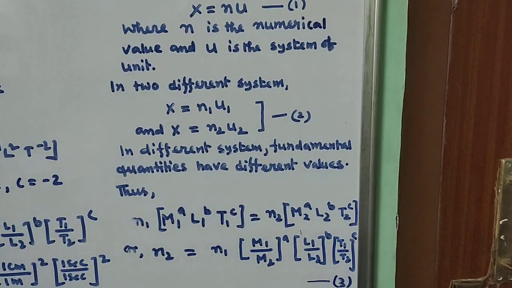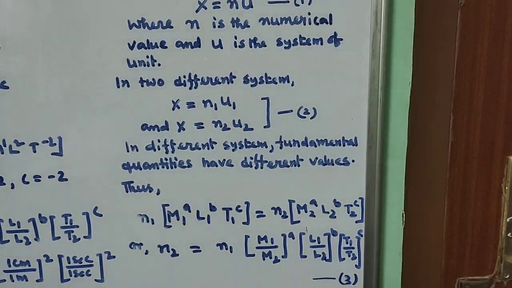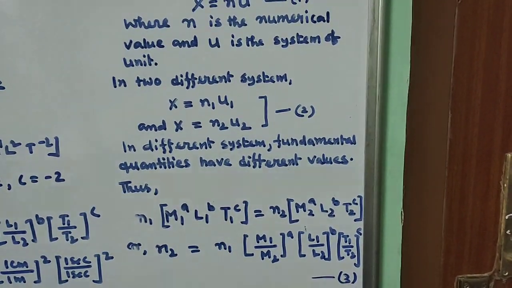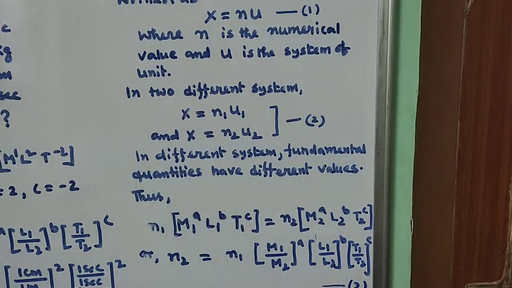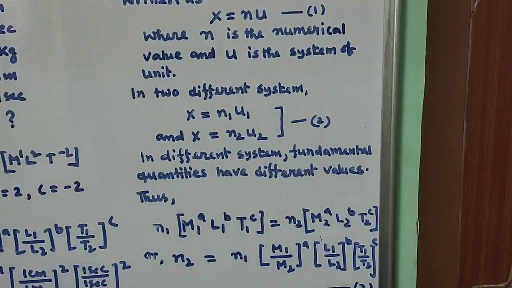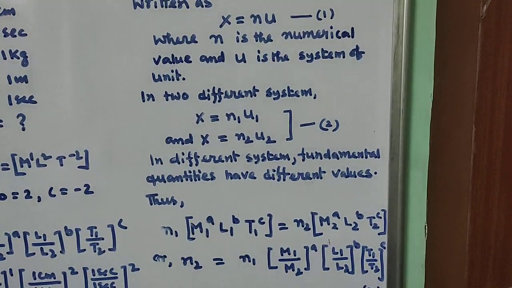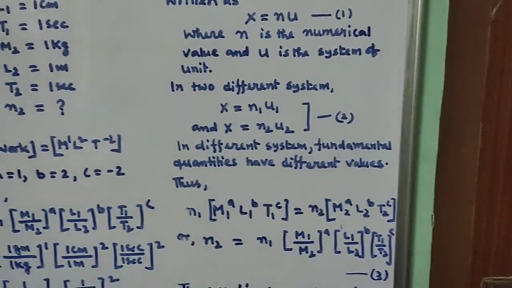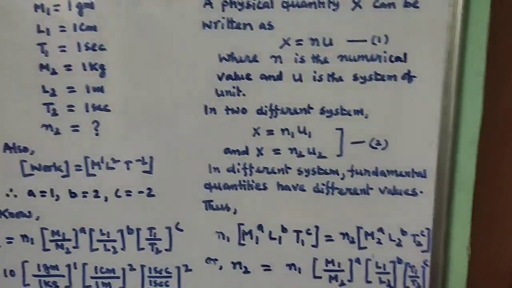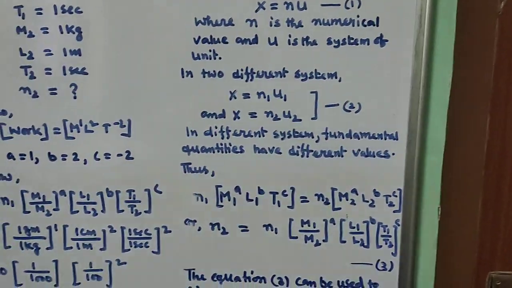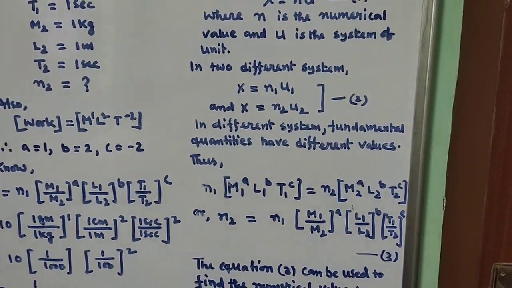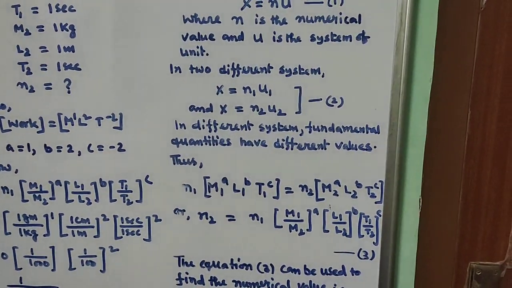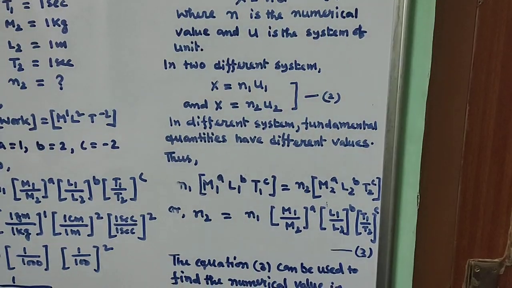If you have to express the dimension of any physical quantity, to denote that physical quantity as a dimension parameter, what you have to do is enclose that physical quantity in square brackets. So if you keep the physical quantity in brackets, then it is to be understood that you are defining the dimension of that physical quantity. So n1 [M1^a L1^b T1^c] equal to n2 [M2^a L2^b T2^c].